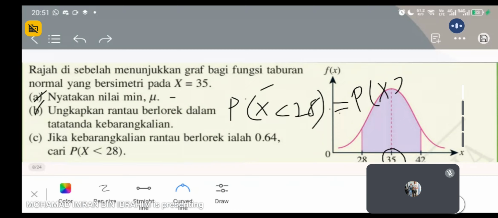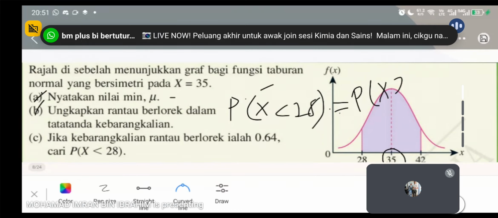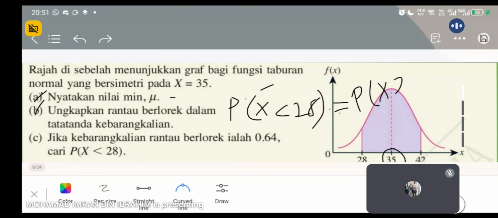At this point, we just need to insert the values that they give, so this probability is also equal to, divided into two parts, 0.118.